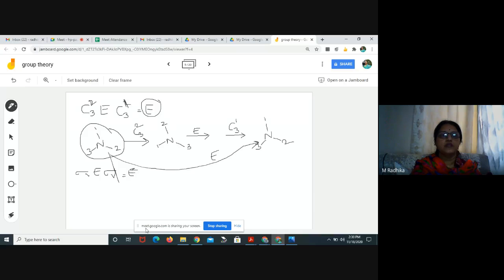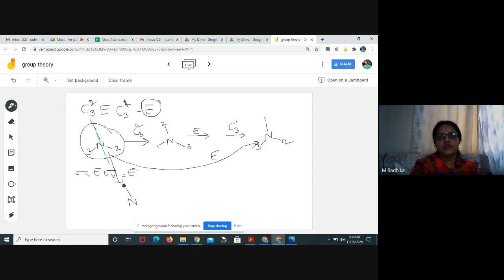This is the original molecule. Now I do the reflection. Since I'm talking about σv, let me put the plane along the first hydrogen. When I do the plane like this, these two are reflected, right? So what happens when these two are reflected? I will get the structure like this, that is nitrogen and hydrogen.